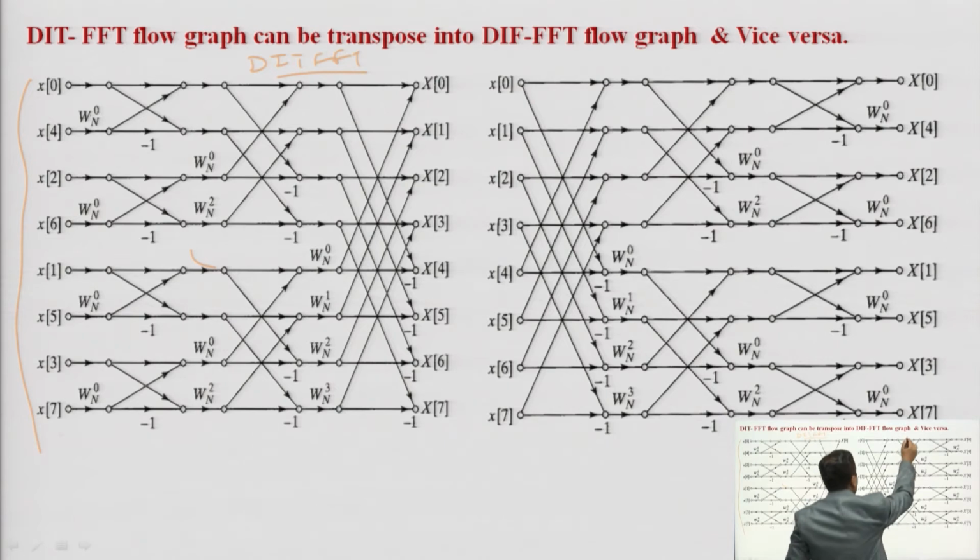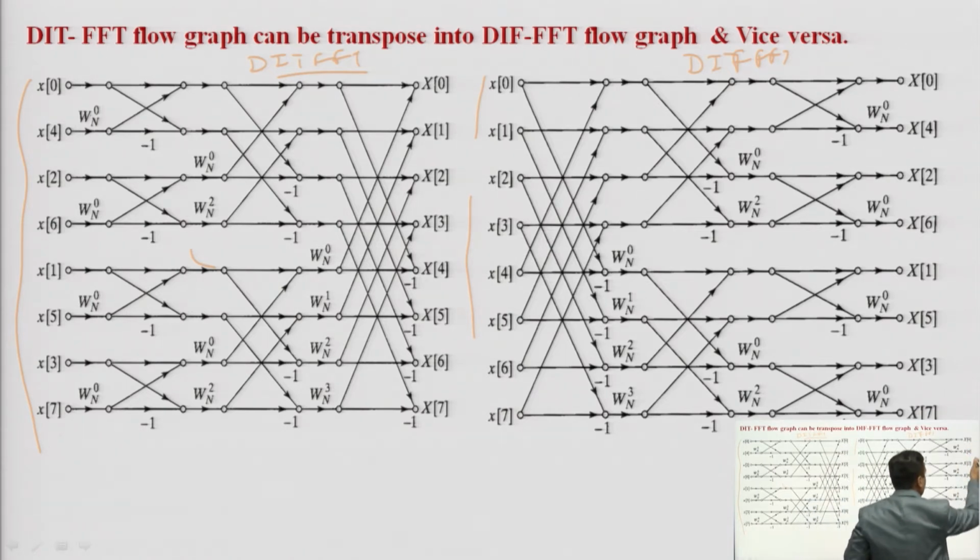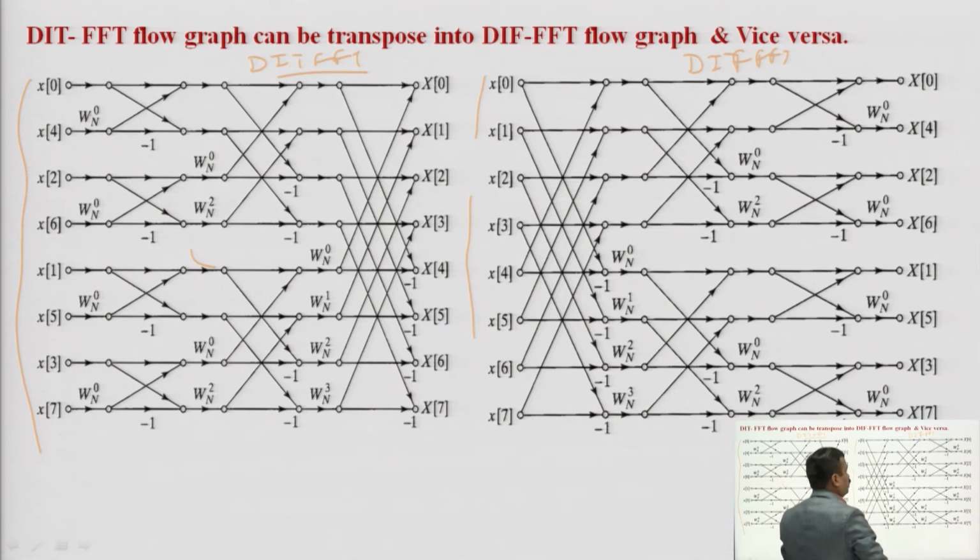Whereas in case of DIFFT, your time domain sequences are in normal order, but your frequency domain sequences are in another order, in reverse order you can say. That is why it is called DIFFT, decimation in frequency fast Fourier transform.